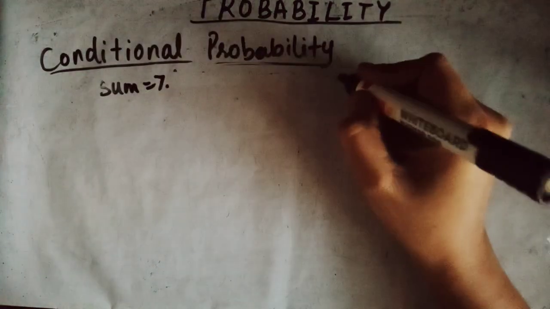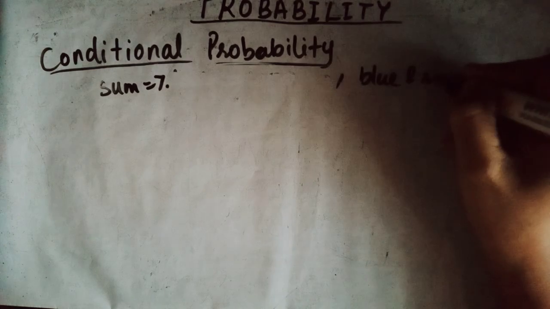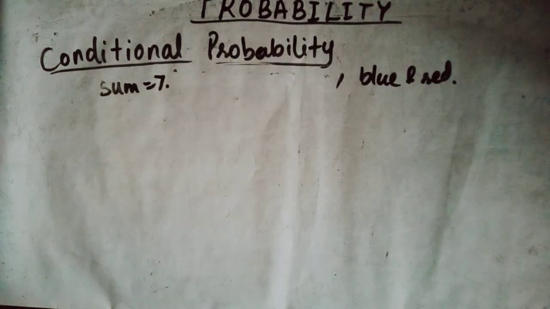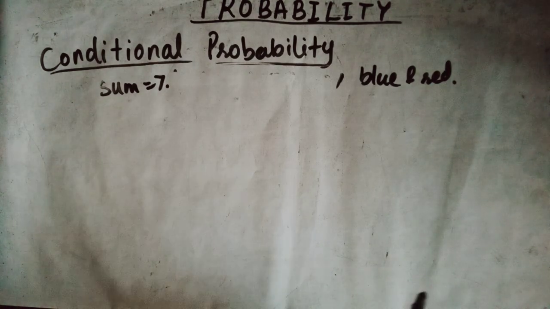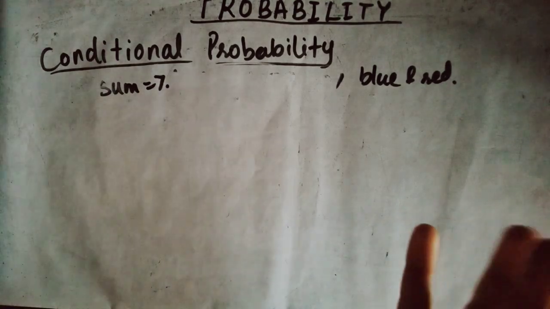So here two dice are rolled, okay, blue and red. So you have to find the conditional probability of obtaining the sum 7. So this will be your event E, given that the red die shows a number less than 4. So this becomes F, because given that means this has already occurred.